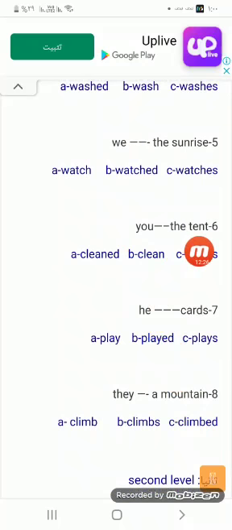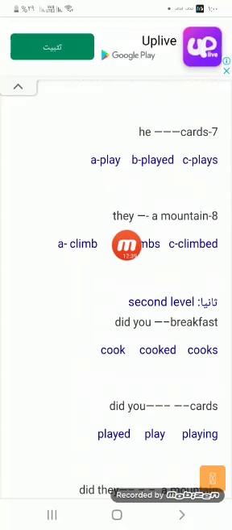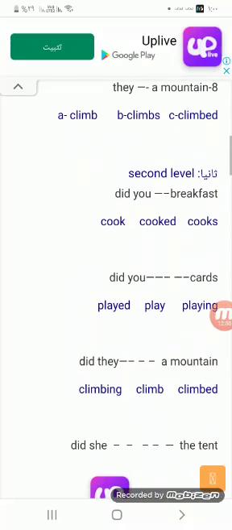You not the tent. Cleaned or clean or cleans. Cleaned. He not cards. Play or played or plays. Yeah, played. They not a mountain. Climb, climbs, climbed. Climbed. Okay, this one.